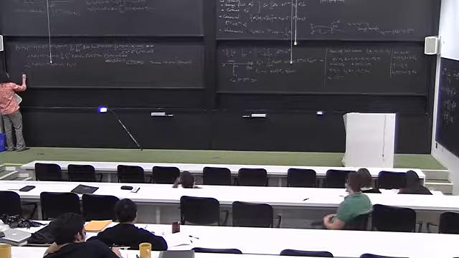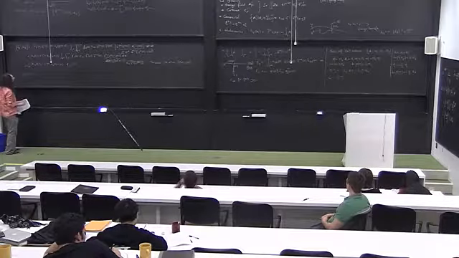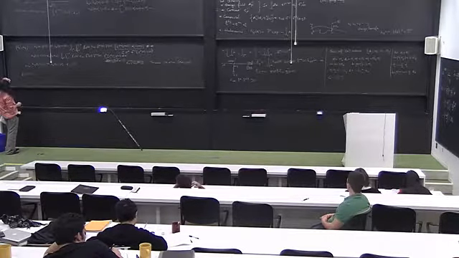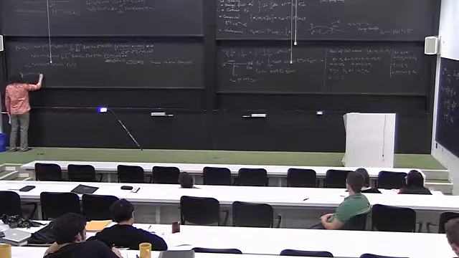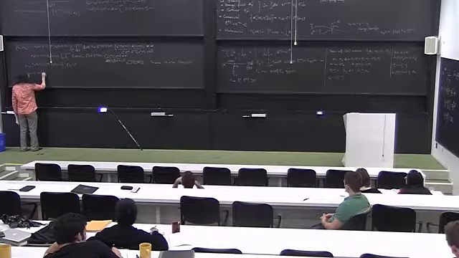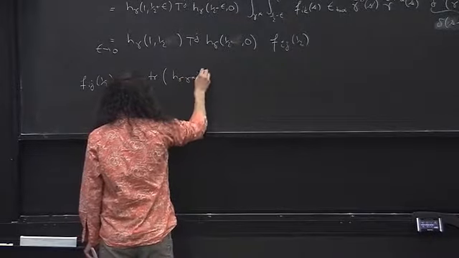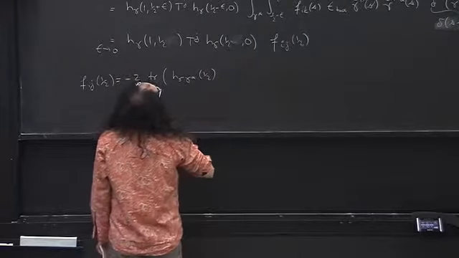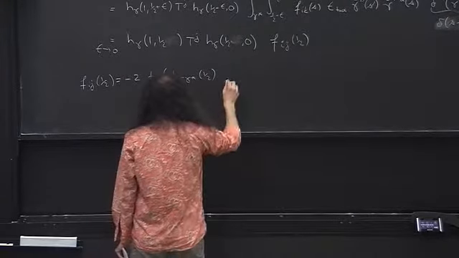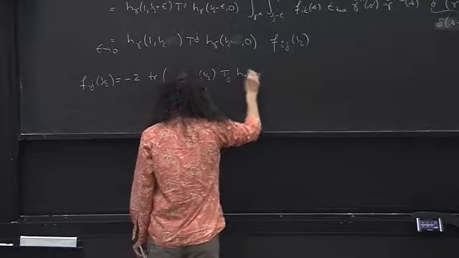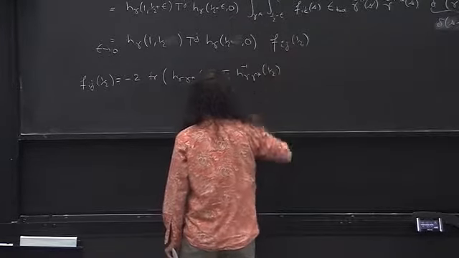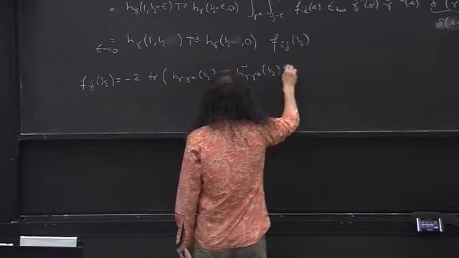So F IJ of 1/2 is, by definition, on top of the board over there. It's minus 2 trace of H gamma star 1/2 Tj H gamma star minus 1 1/2 Ti.